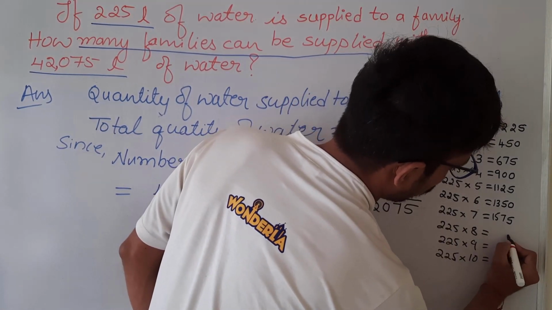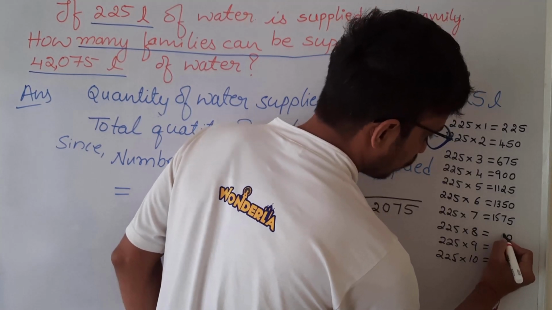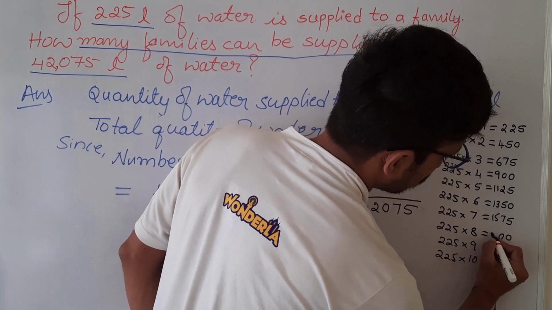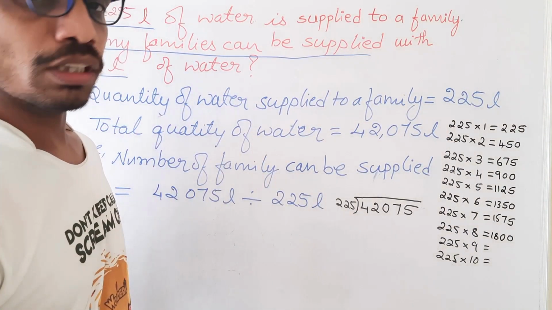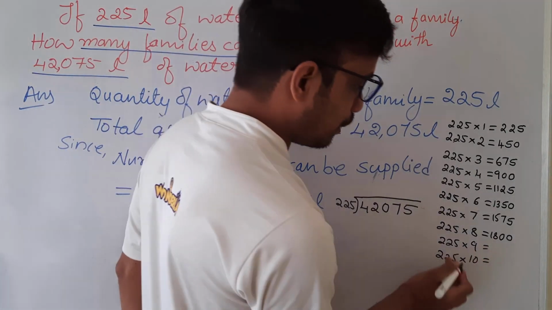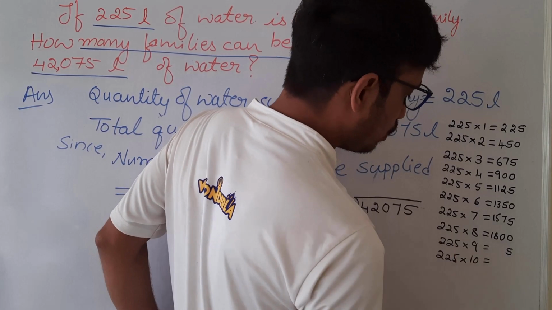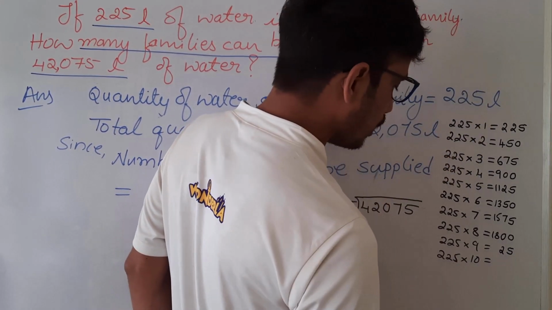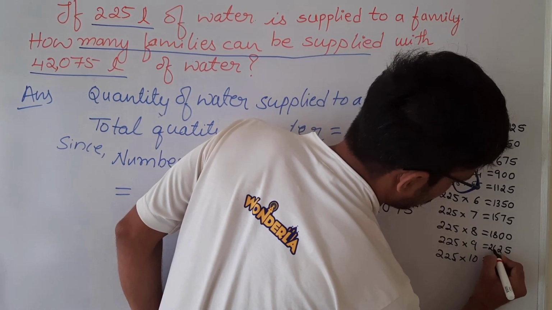Now we will multiply with 8. 8 5s are 40, 0, 4 carry. 8 2s are 16, 16 plus 4, 20, 0, 2 carry. 8 2s are 16, 16 plus 2 carry, 18. We got the answer as 1800. Now we will multiply with 9. 9 5s are 45, 5, 4 carry. 9 2s are 18, 18 plus 4, 22, 2 here, 2 carry. 9 2s are 18, 18 plus 2, 20.